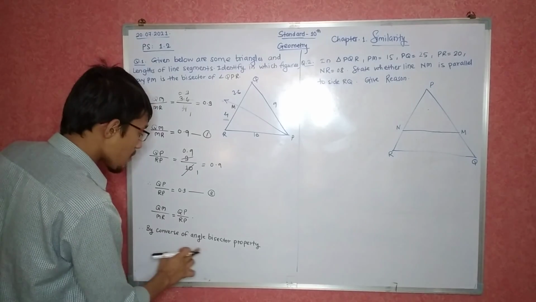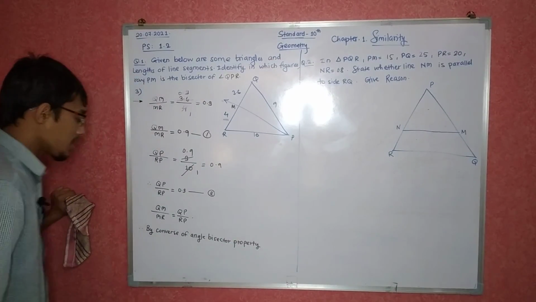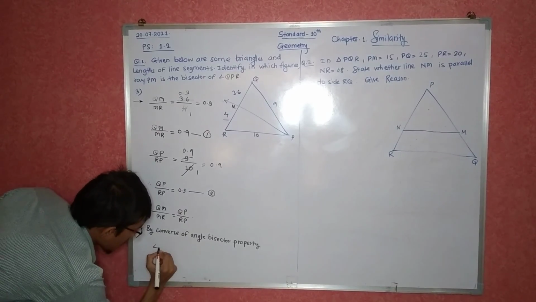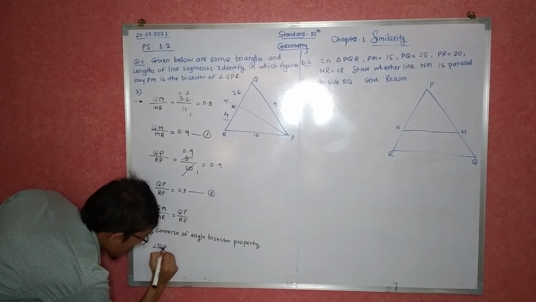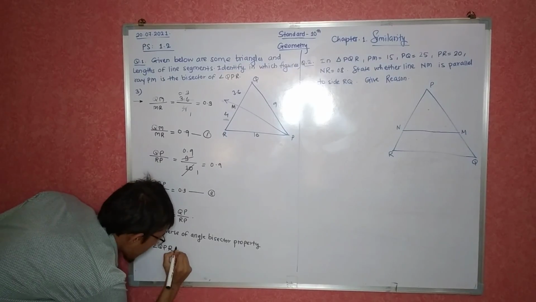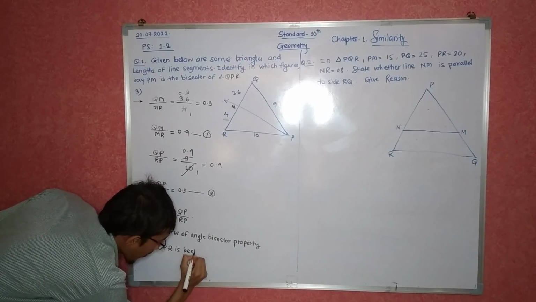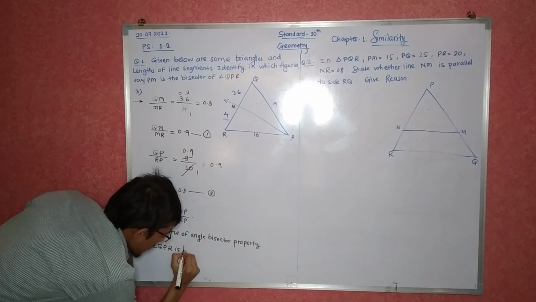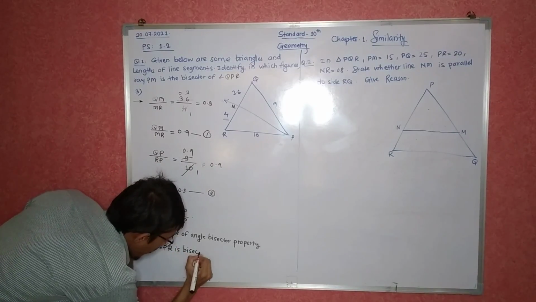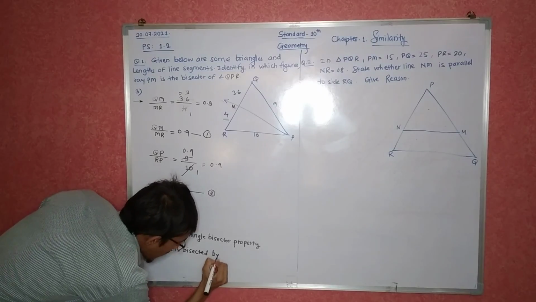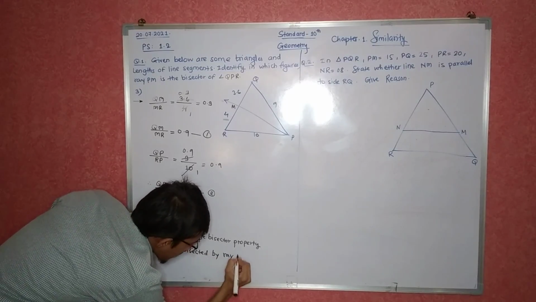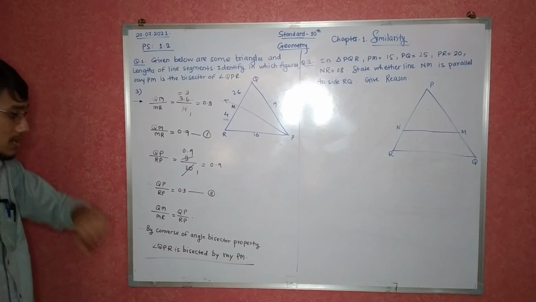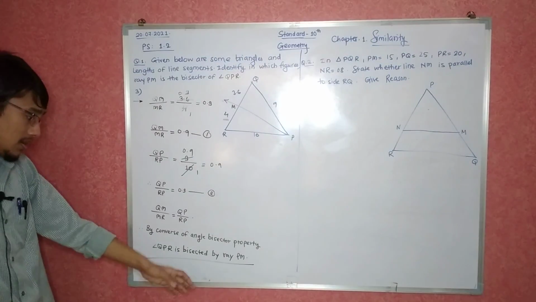So by converse of angle bisector property, angle QPR is bisected by ray PM. So this is the final answer that we have to find.